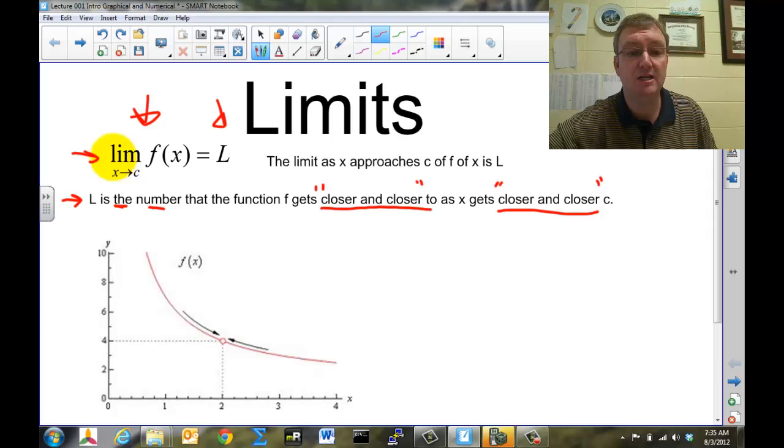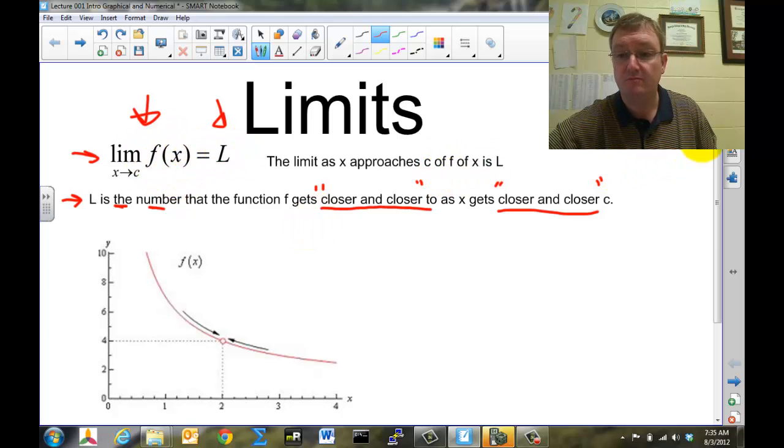So we would read this as the limit, LIM standing for limit, as x approaches c, which would normally be a number, of f of x, and that could be just written as f of x, or it could actually be a rule, 2x plus 3, 7x minus 9, x squared minus 4, cosine x, equals L. So normally a problem will be that we would give you this side of it, and we're asking you to find the limit.